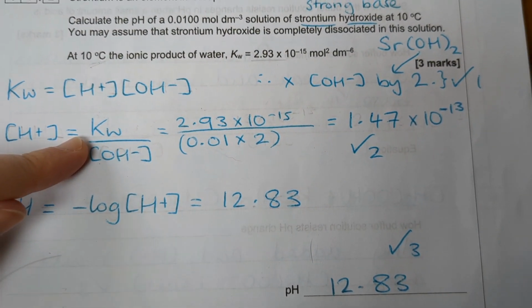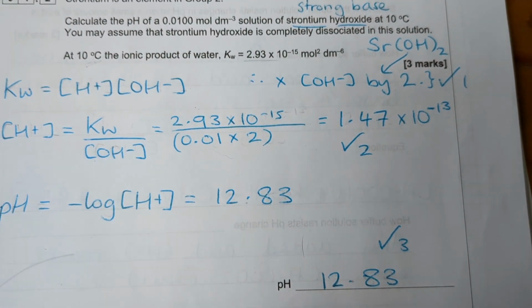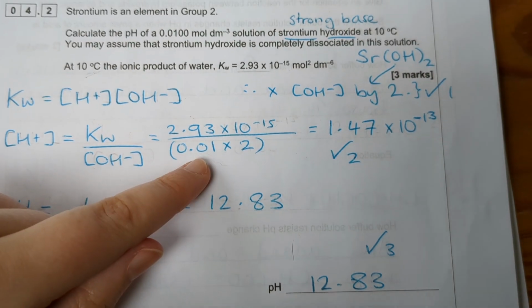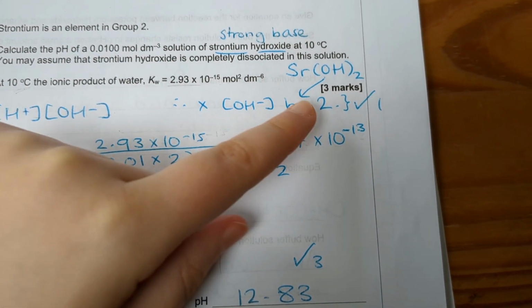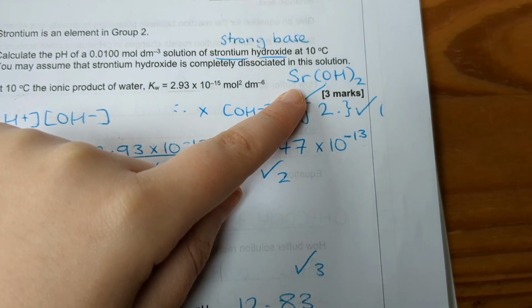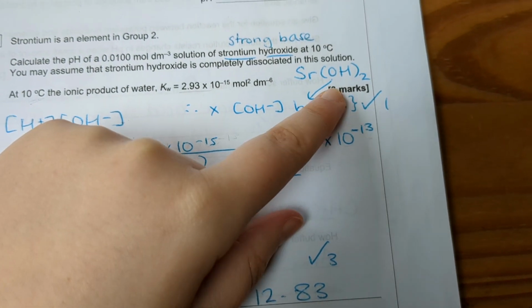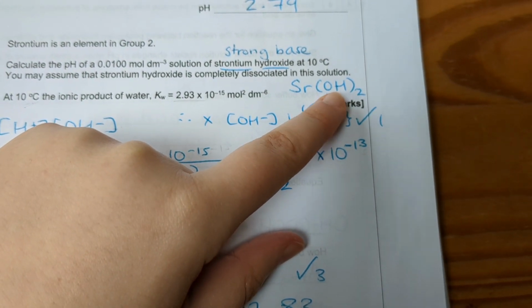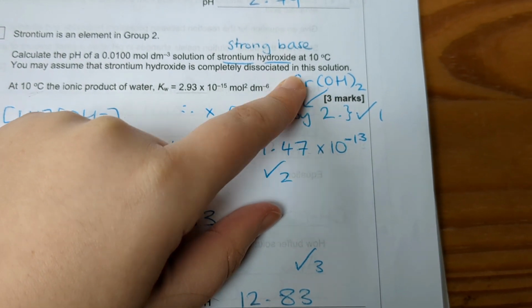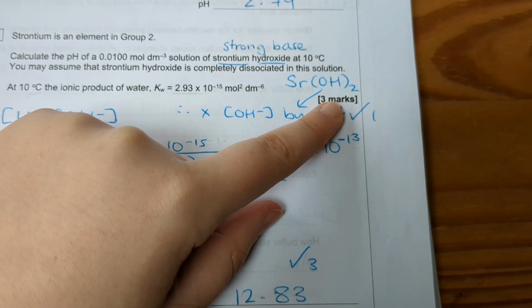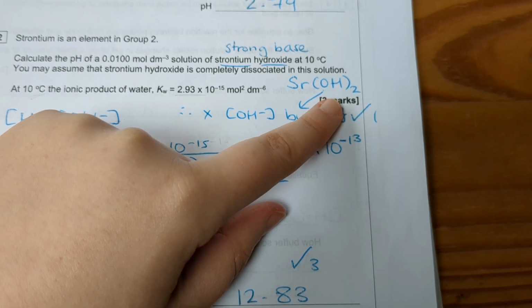Now we're going to use the Kw, which is at 10 degrees that it's given us in the question. And the hydroxide ion concentration we need to times by 2, because in the formula of strontium hydroxide, there are 2 formula units of the hydroxide ion. Because strontium is a group 2 metal, it forms a 2+ ion, meaning we need 2 of the hydroxide ions to balance.